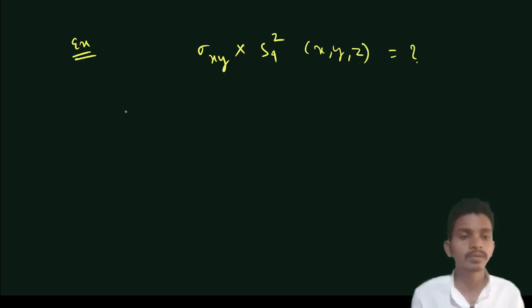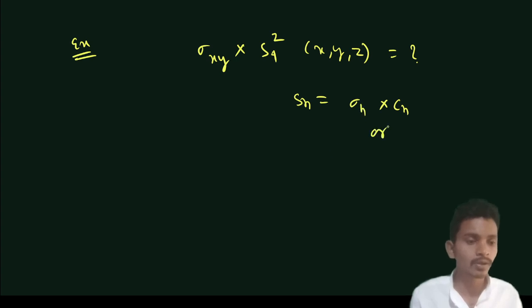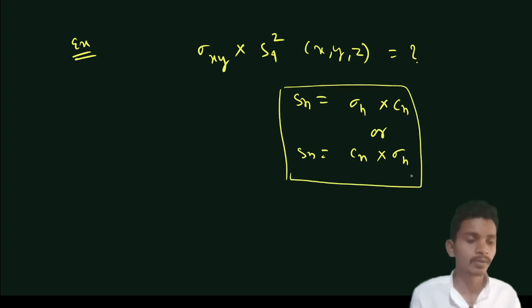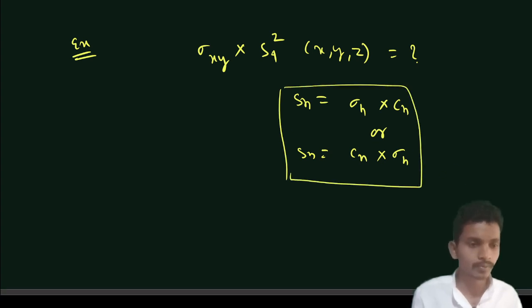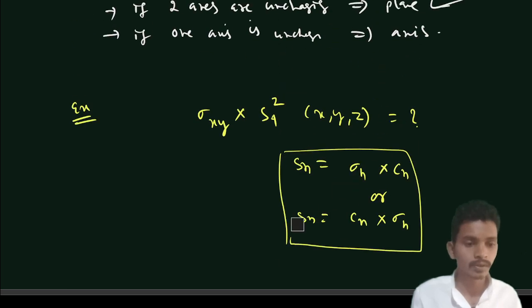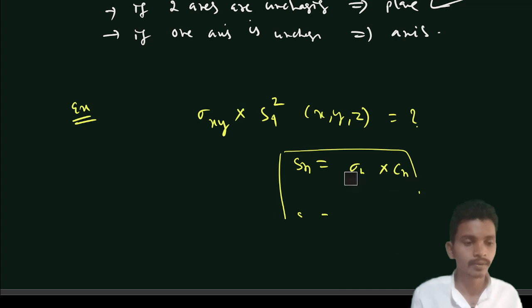So S4z, or Sn, is Cn perpendicular to sigma h, or any sigma h into Cn. This will give the Sn value. Okay, so now what I will do, this we know, so I will just erase it so that I can write.